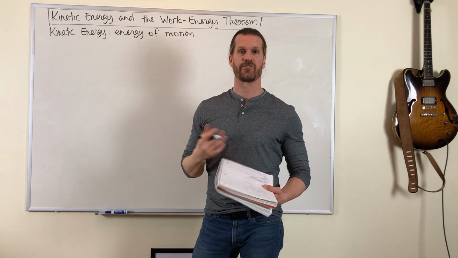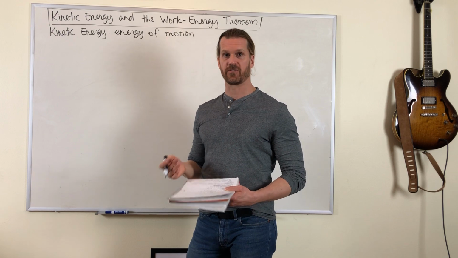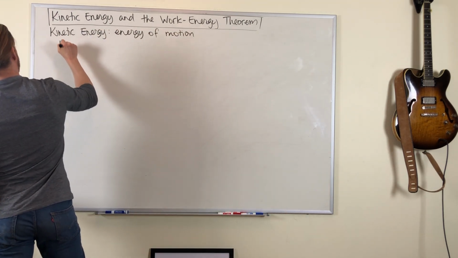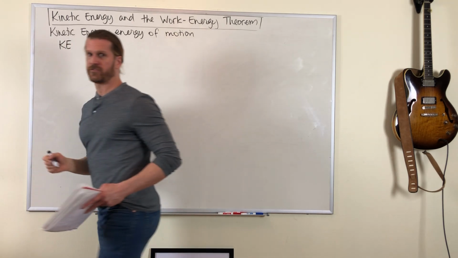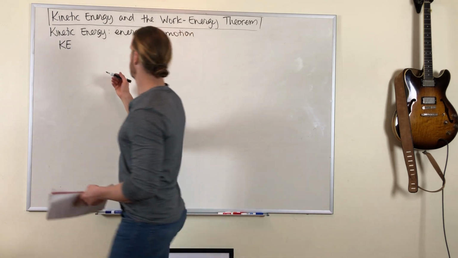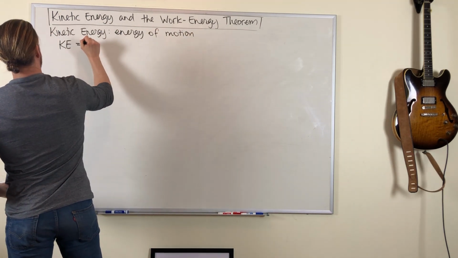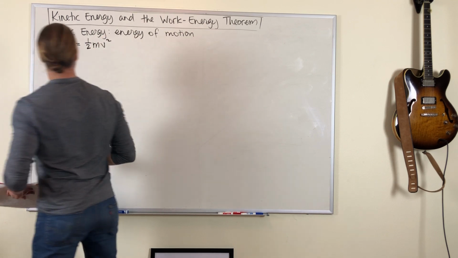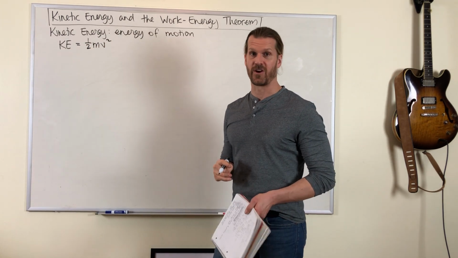And kinetic energy has a fairly simple mathematical expression. We say that the kinetic energy, usually symbolized as KE, sometimes people just write K, is 1/2 times the object's mass times its speed squared.